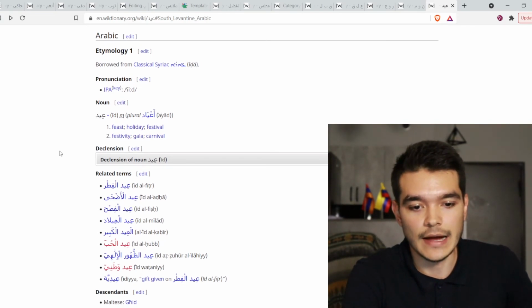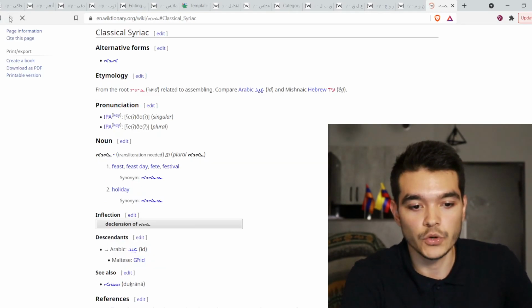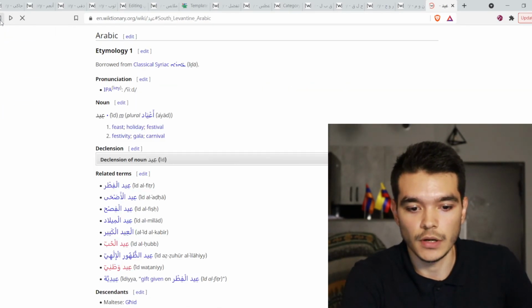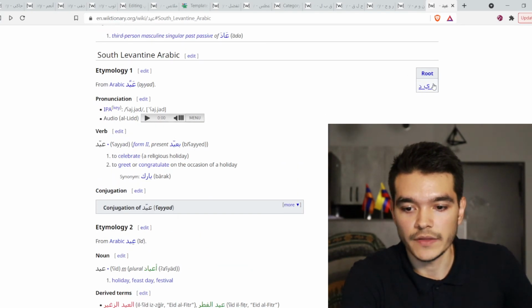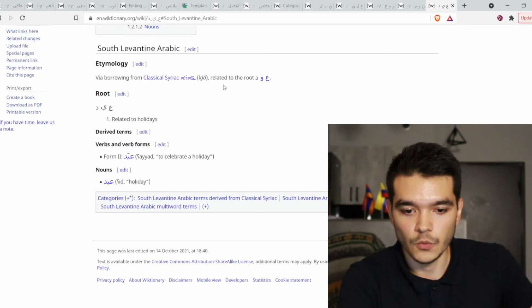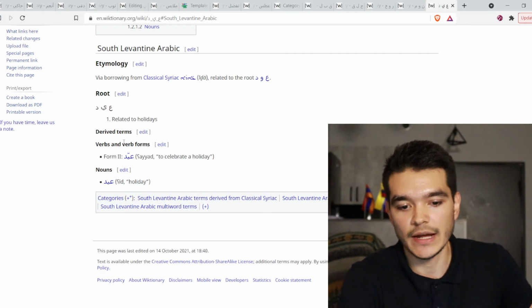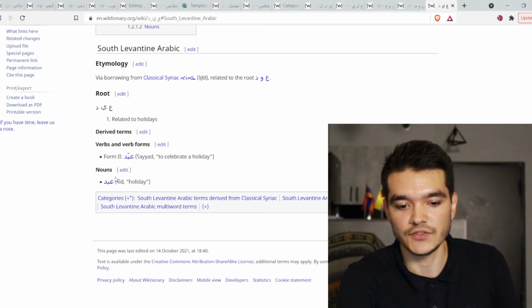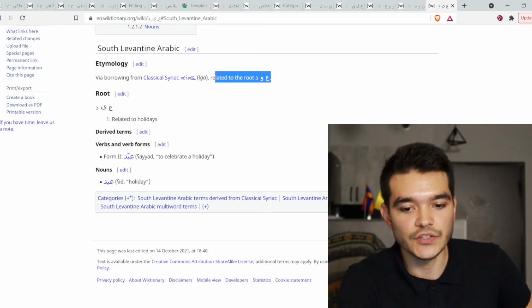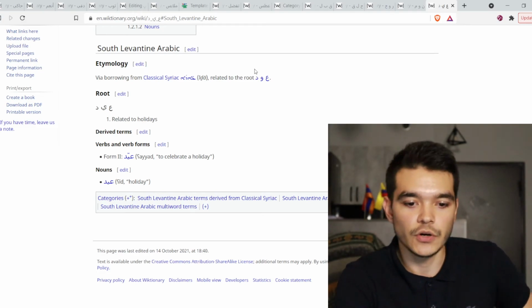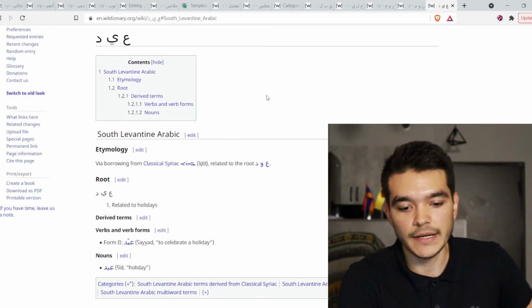But as I said, I think that it would be more useful personally to include this with, where is it? With Ain, Waw, Dal. But instead we have this kind of stub entry, which just has these two. Now it does say related to the root Ain, Waw, Dal. So I guess that's something. But anyway, it's food for thought.